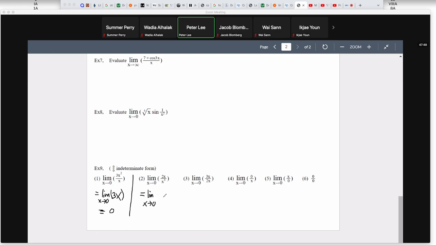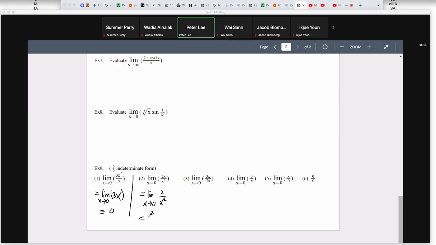So what is that equal to? That would be 2 over x squared. So what is 2 over x squared? Can somebody tell me the answer here for number 2? Is it infinity? Plus infinity?